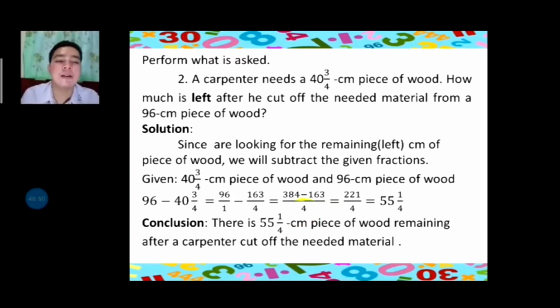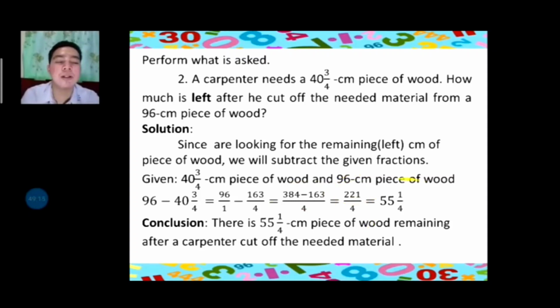So the denominator is 4. 4 divided by 1 is 4 times 96. That is 384. 4 divided by 4 is 1 times 163. That is 163. So 384 minus 163 is 221 over 4.